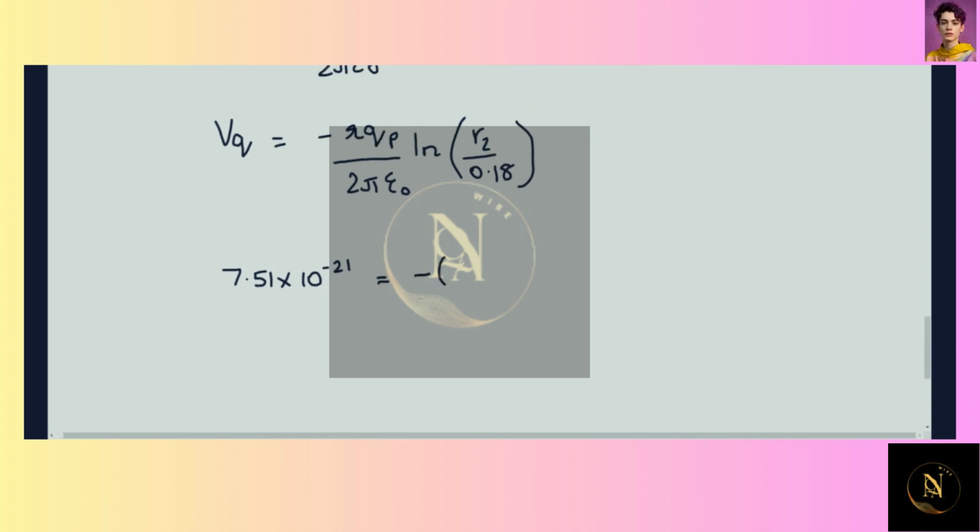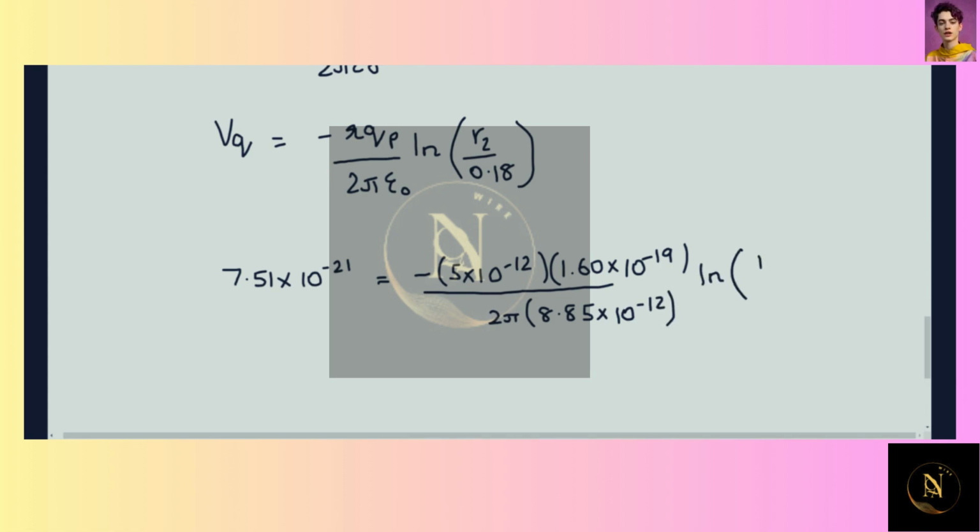We know that lambda is equal to 5 into 10 to the negative 12 coulombs per meter. The charge of a proton is 1.60 into 10 to the negative 19 coulombs. 2 pi stays as it is, and epsilon naught is 8.85 into 10 to the negative 12 in SI units times the natural log of R2 divided by 0.18.